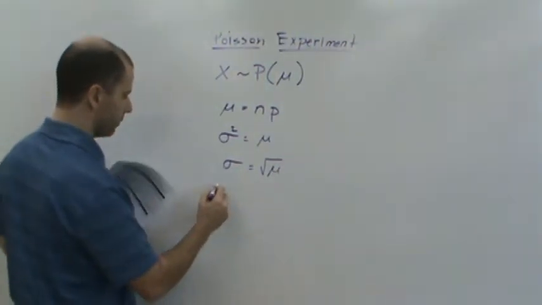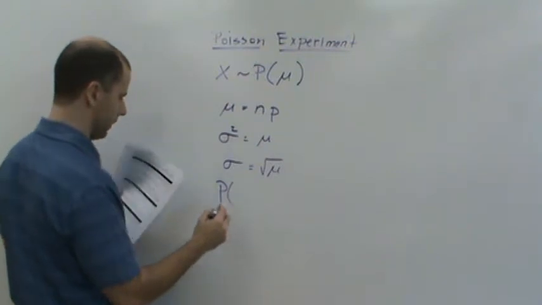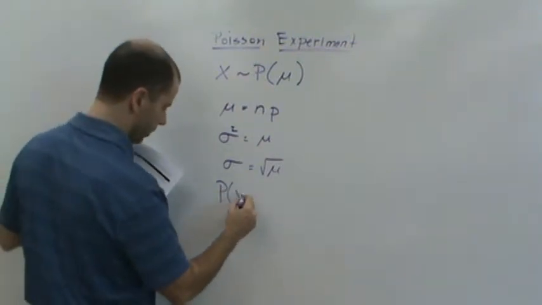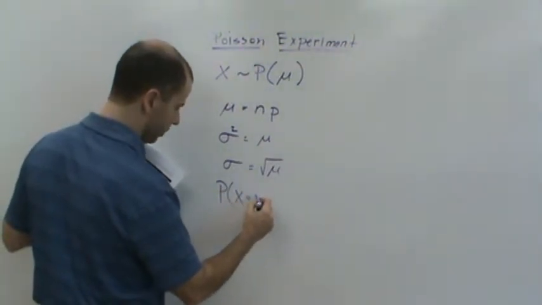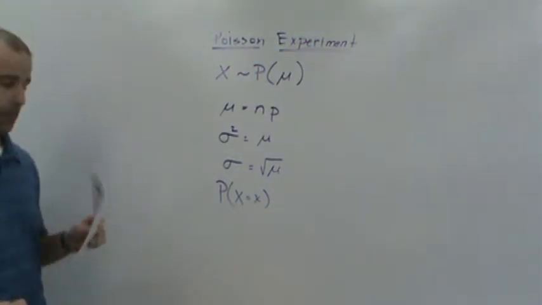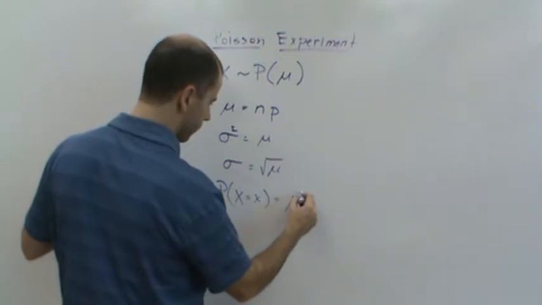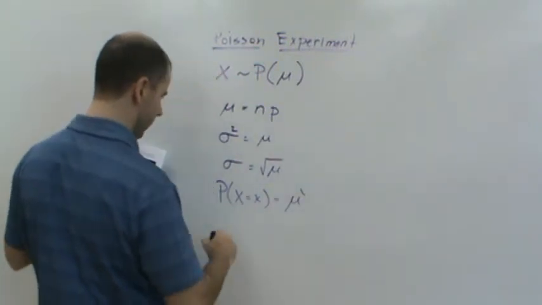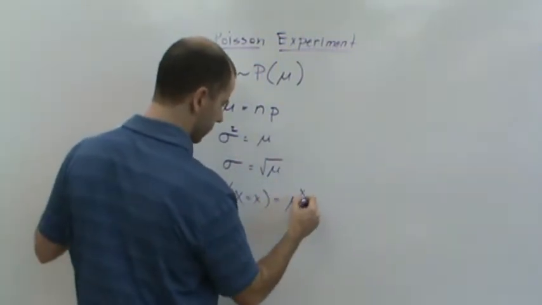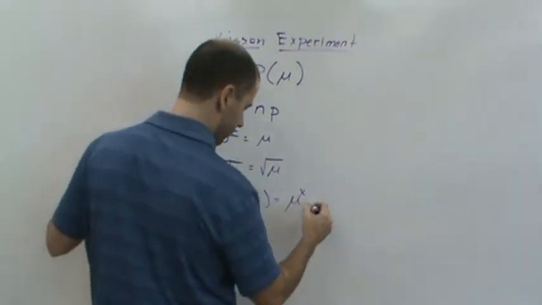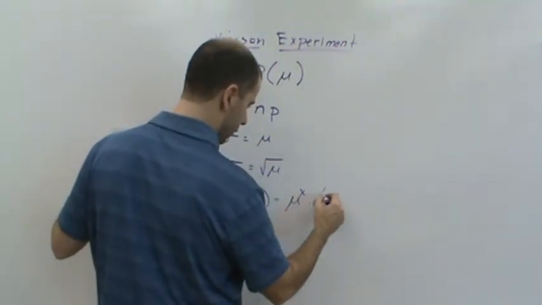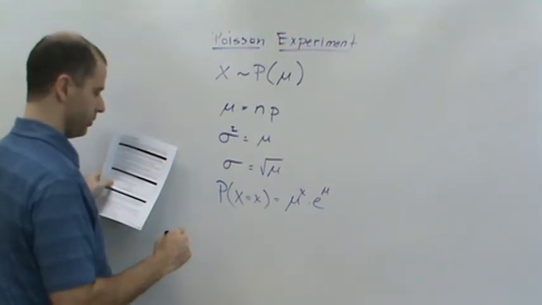So to calculate the probability, and this is going to be the probability of x is equal to x, this is the formula. It's going to be mu to the x times e to the negative mu.